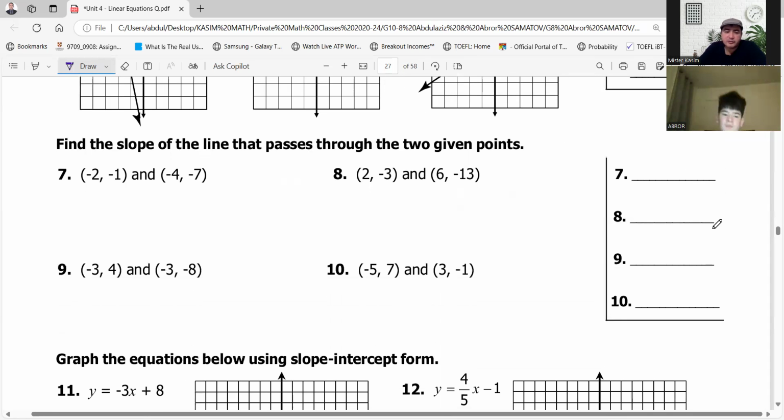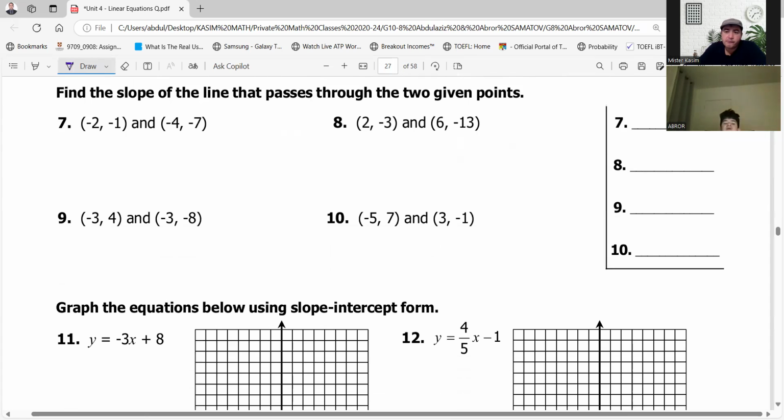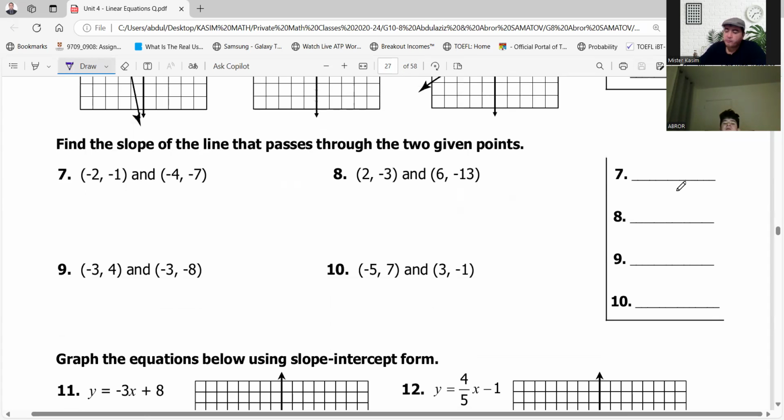Next question. Read it. Find the slope of the line that passes through the two given points. So using the formula, calculate. Question 7. -7 plus 1 over -4 plus 2.